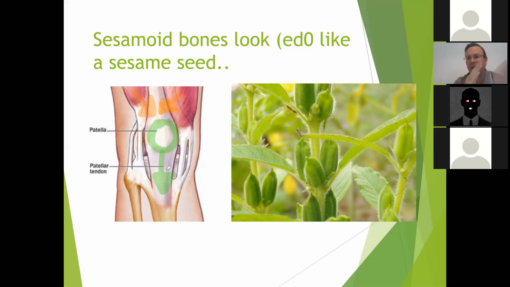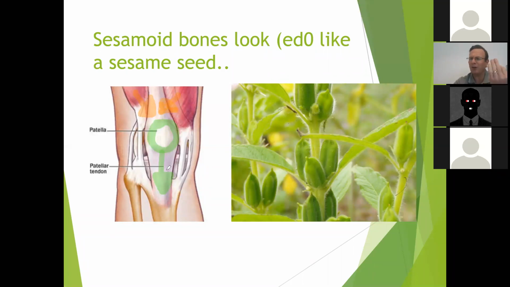They came across these bones, and when they cut them open, inside there'd be a shiny white bone, and they said, well, it looks like a sesame seed. So sesamoid bones are called that because they look a bit like a sesame seed when cut open.